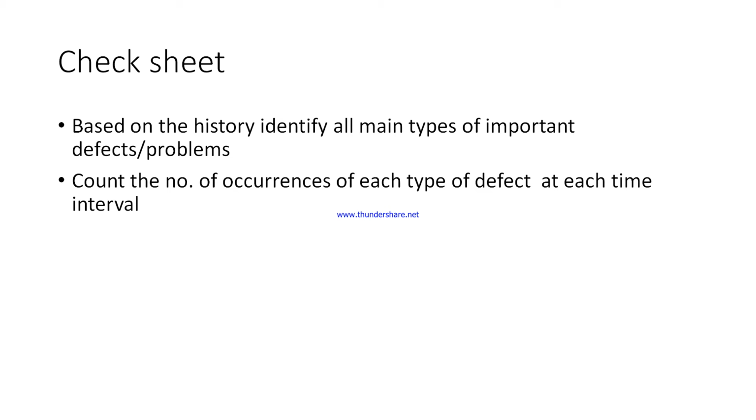Then you can count how many pants there are with the type 1 defect, how many with the type 2 defect, likewise, right? Or else, if you find that there are machinery problems in this process, then how often that happens, likewise you can count the frequency.